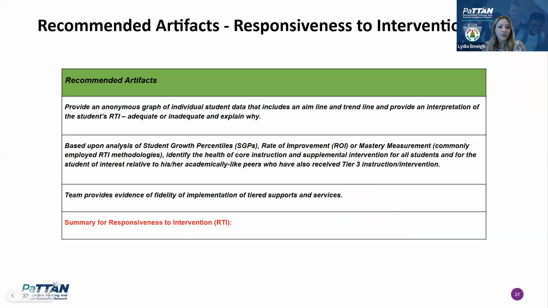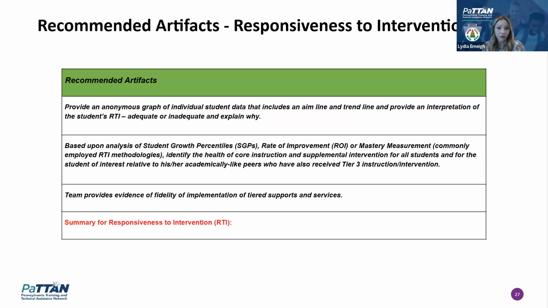This tool offers suggestions for artifacts that LEAs might pull when reviewing the responsiveness to intervention component. For example, an anonymous graph of individual student data, including an aim line and a trend line, along with an interpretation of the student's RTI, whether adequate or inadequate, and an explanation of that determination.